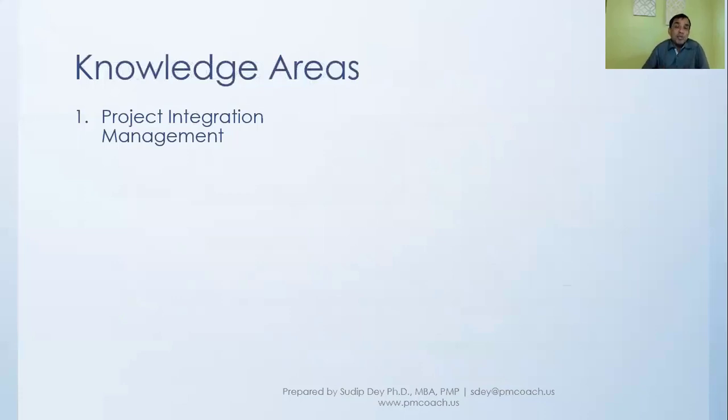Then quality will be drawn in the quality management knowledge area. So all these different knowledge areas below it will have their own subsidiary plan. And in the project integration management knowledge area, we will consolidate all these plans, or integrate all these plans, to make one consolidated plan that will be followed as we move through the project.